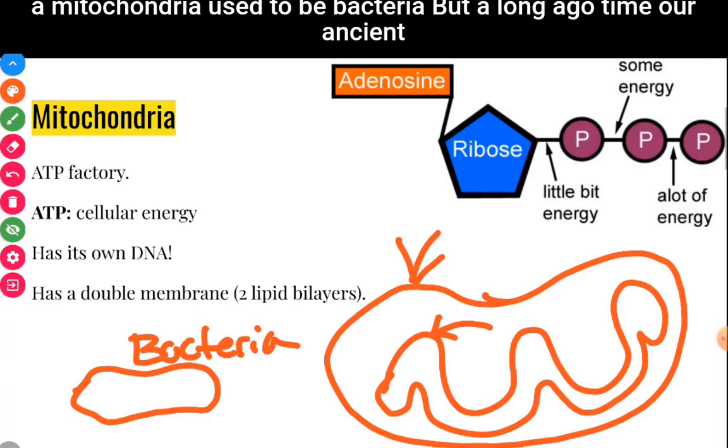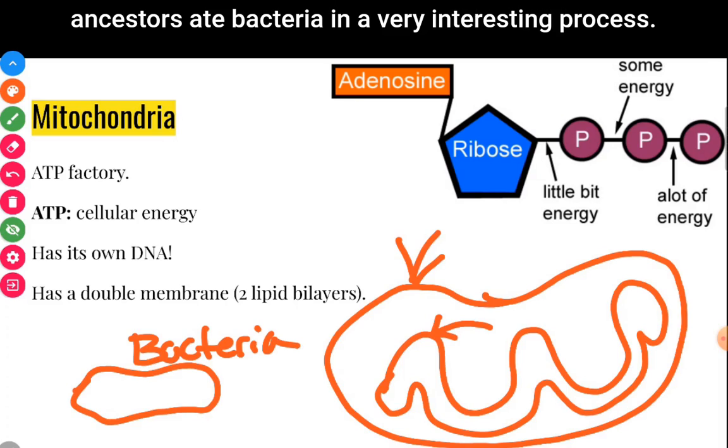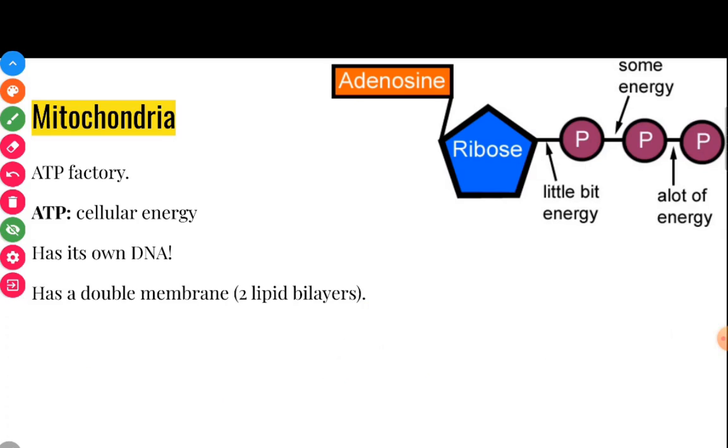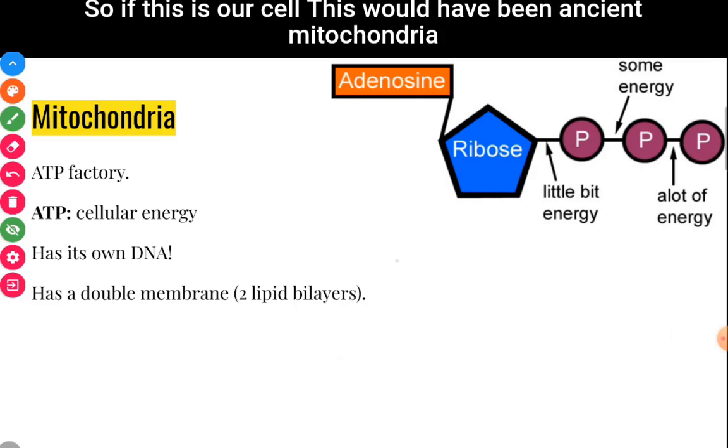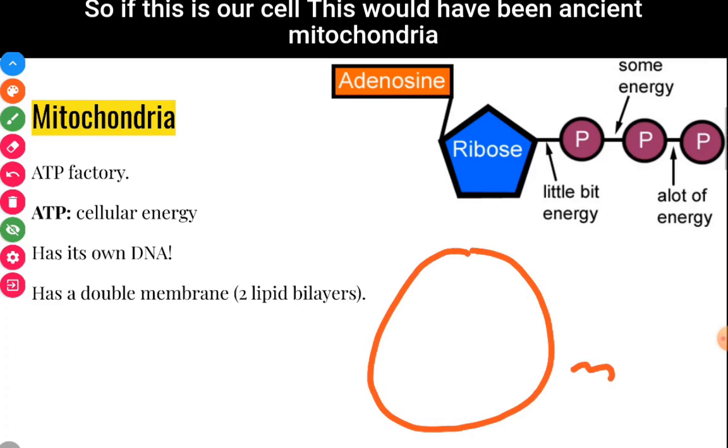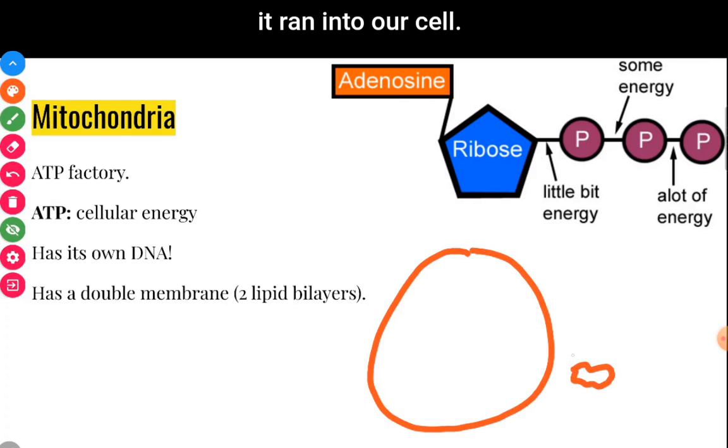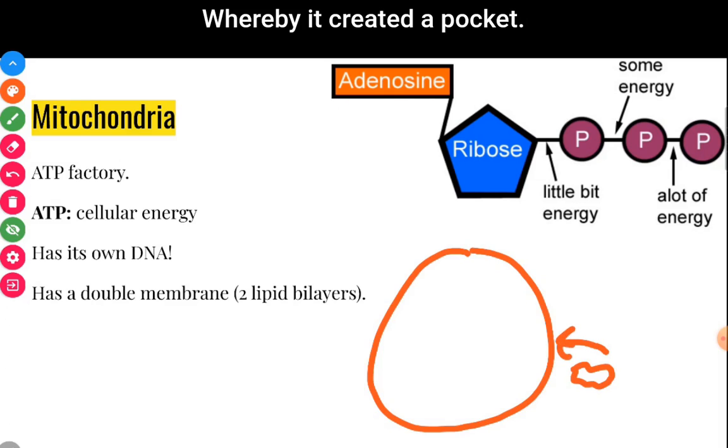But a long time ago, our ancient ancestors ate bacteria in a very interesting process. So if this is our cell, this would have been the ancient mitochondria. It ran into our cell, whereby it created a pocket.